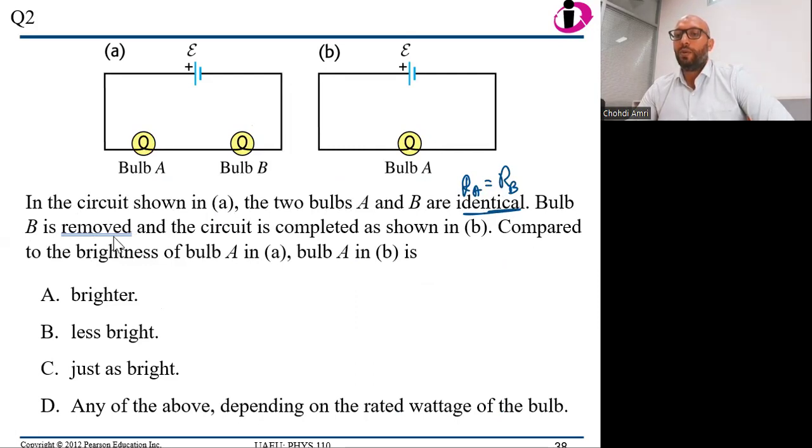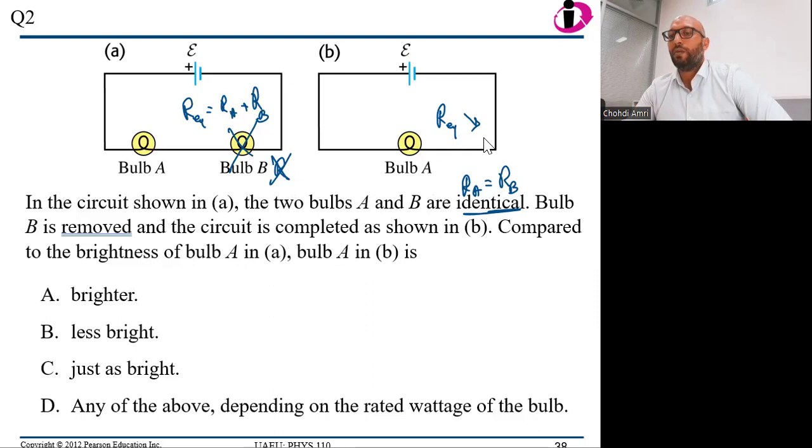Bulb B has been removed in the circuit, and the complete circuit is shown in figure B. Compared to the brightness of A, what happened to light bulb A? If we remove bulb B, we cancel its resistance. The total resistance decreases, because it was RA plus RB in series.